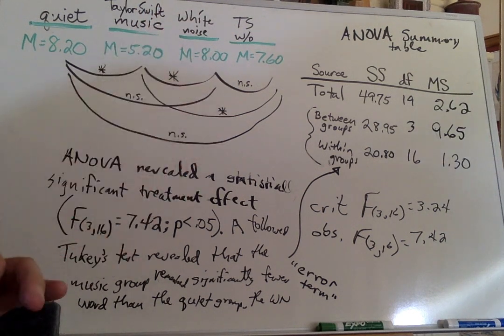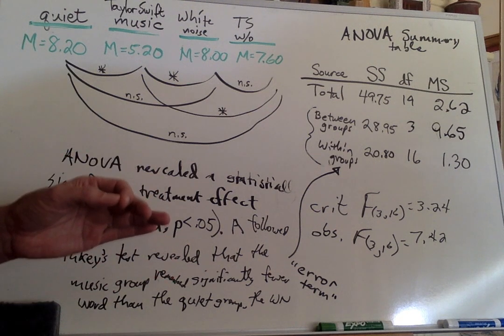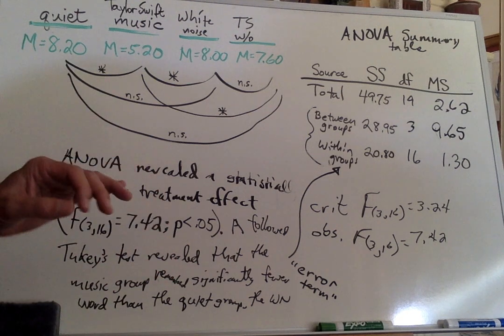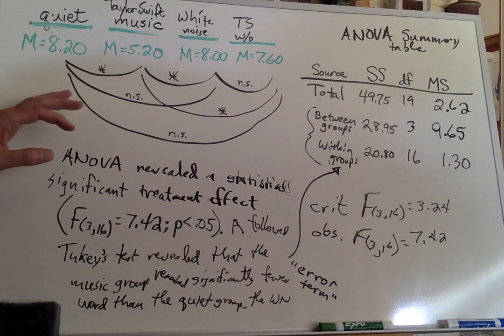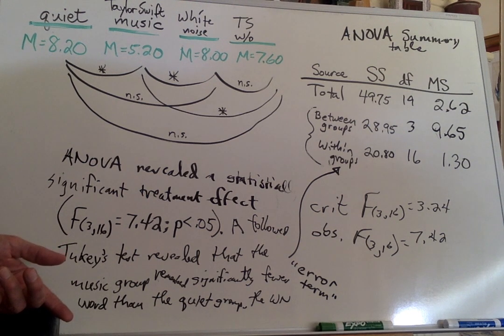And none of those groups were different from each other. Okay? So it's much more complicated, but your conclusion matches the steps that you've done here. First analysis of variance, and then follow up with Tukey's.